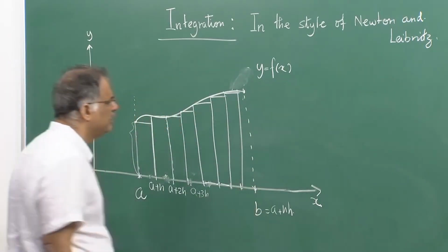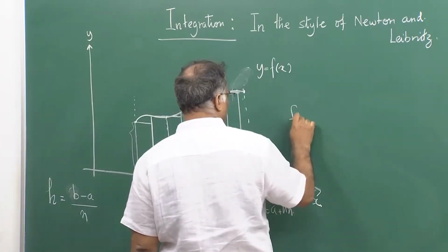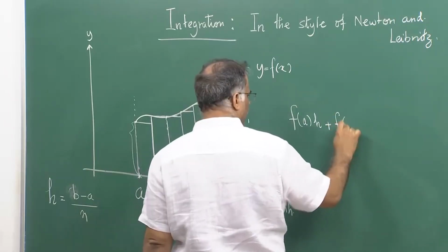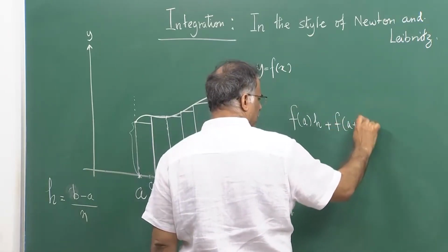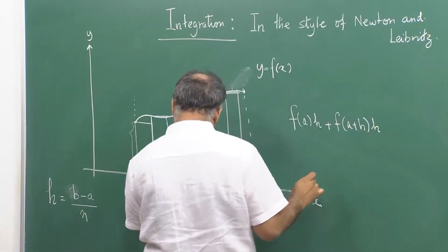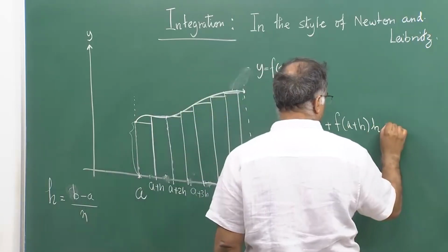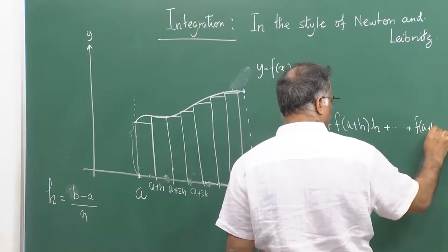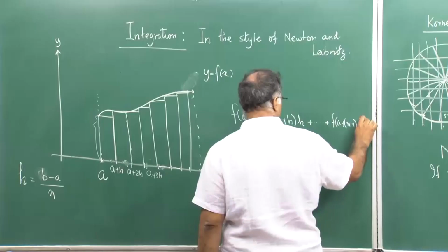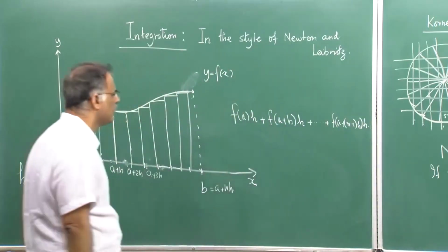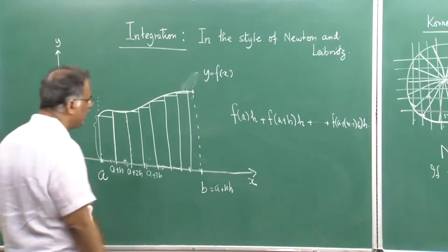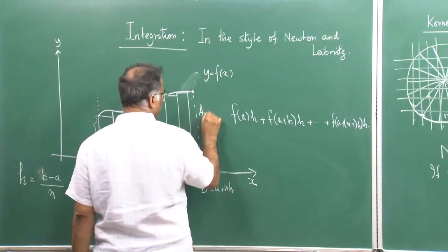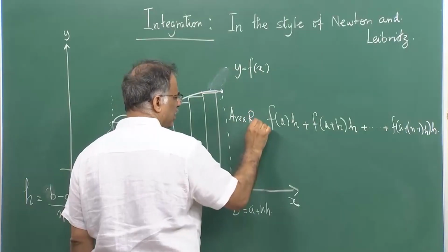I have f of a into h plus f of a plus h into h, because these are all h, plus f of a plus n minus 1 h into h. So, this is my total rectangular region which I call Rn, and area Rn is this.